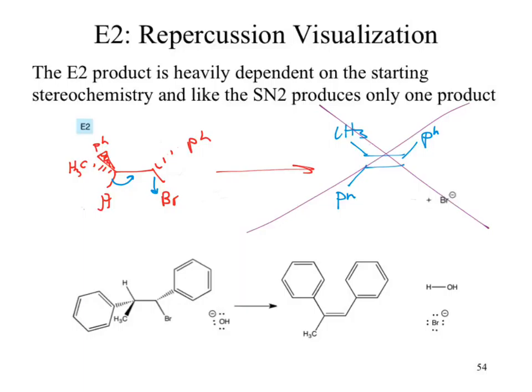Where is the backside of that carbon-bromine leaving group? In this configuration, are the electrons from that carbon-hydrogen going into the backside? No, they're going into the same side. What happens? Electron-electron repulsion, the elimination doesn't occur.